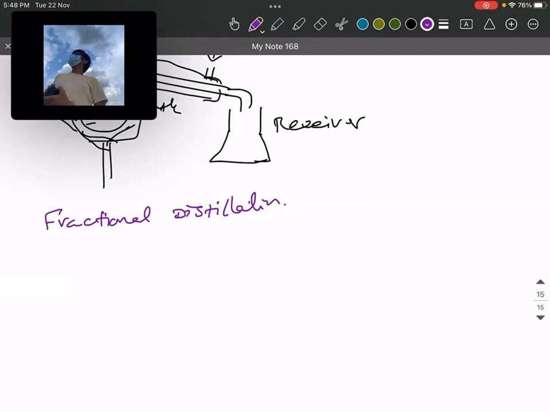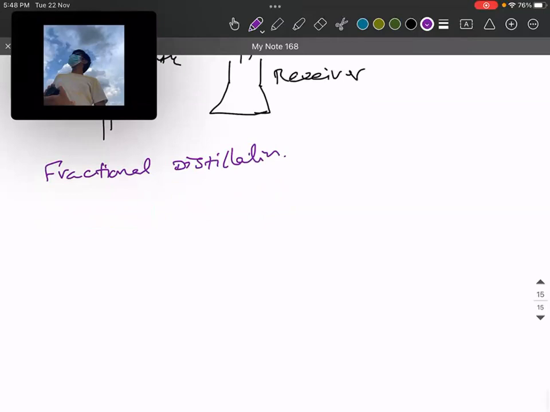Suppose you are mixing it with some other liquid with a 5 to 10 degree difference. That you can separate by using the fractionating column. The fractionating column will be inserted between your RB flask and the condenser. So you are increasing the height. That's it. Nothing else you are doing, just increasing the height.